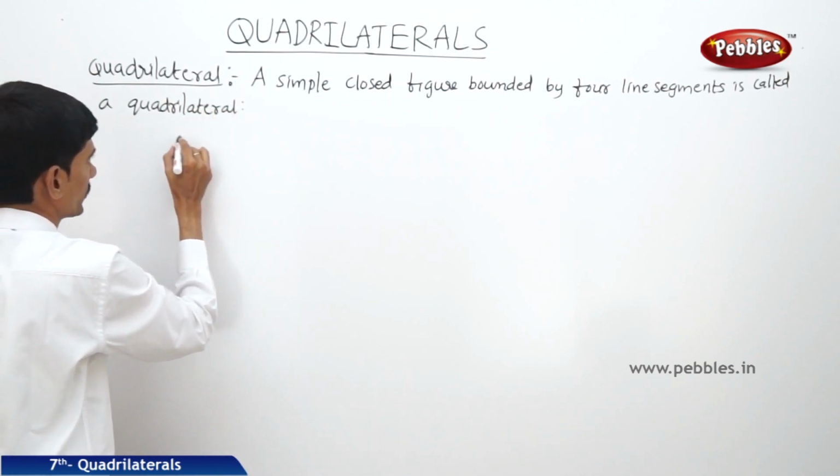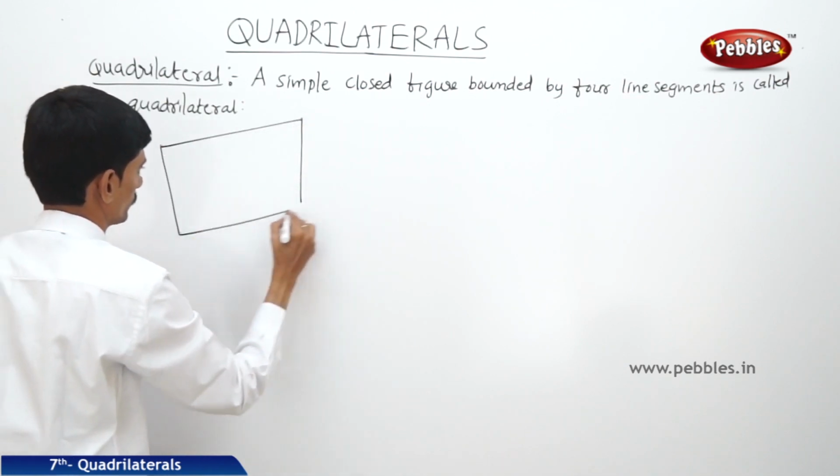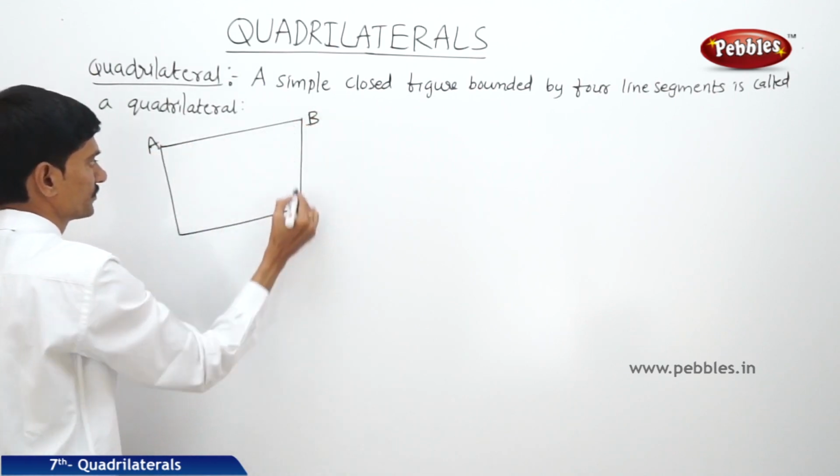Now let us draw the figure of a quadrilateral. Now this is a quadrilateral ABCD.